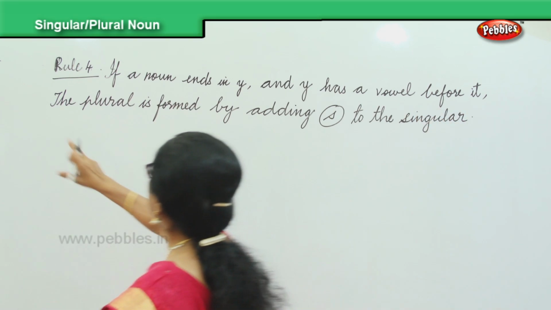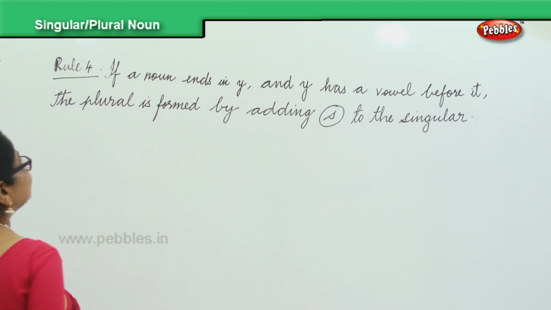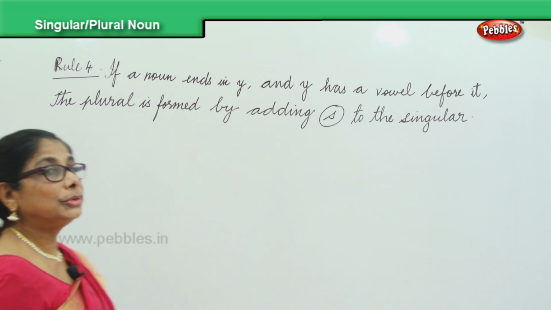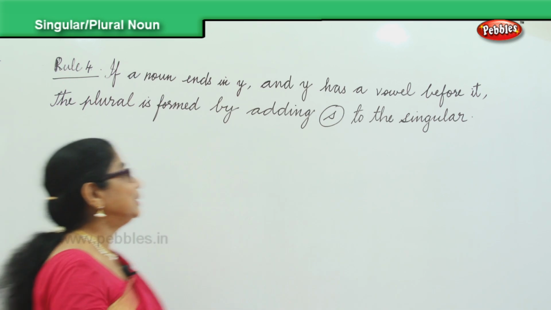It's very simple, and yet we think it is difficult. If a noun ends in Y and Y has a vowel before it, you simply add S to form the plural form. Let's look at it.